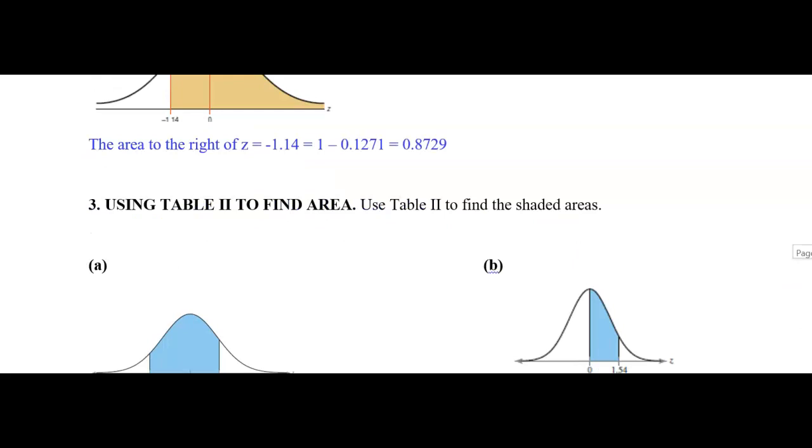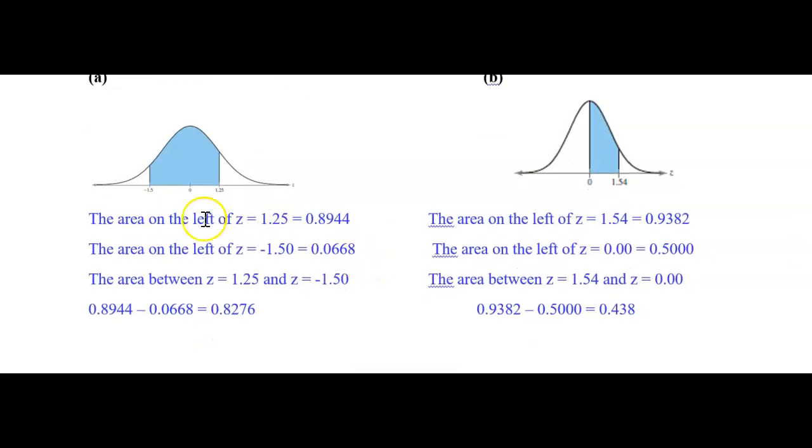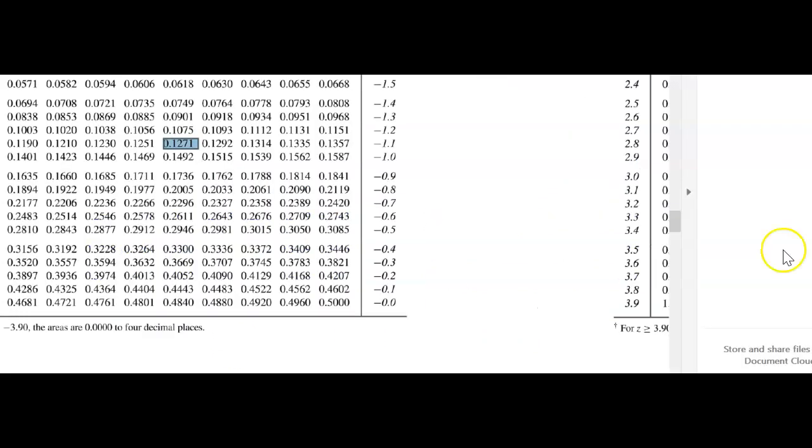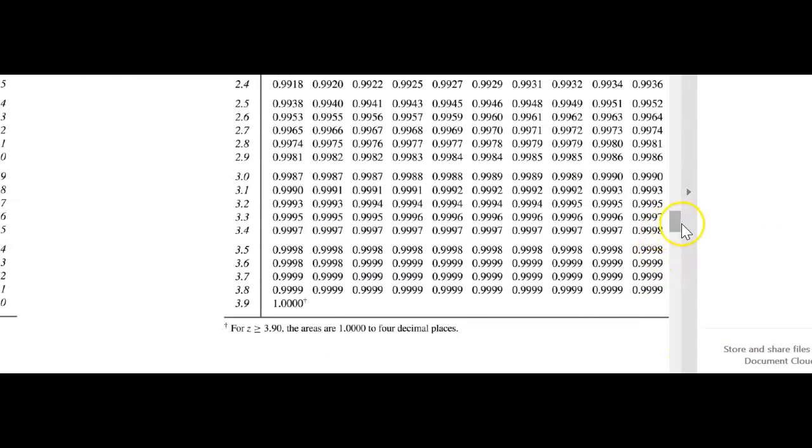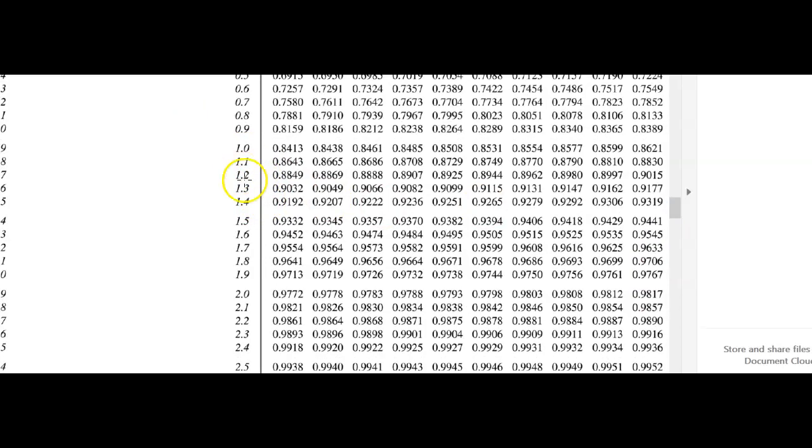Now how do we find the area between two values? Find the area to the left of 1.25. Go ahead into the table, 1.25, and see what you get. 1.2, 0, 1, 2, 3, 4, 5, 0.8944, right?